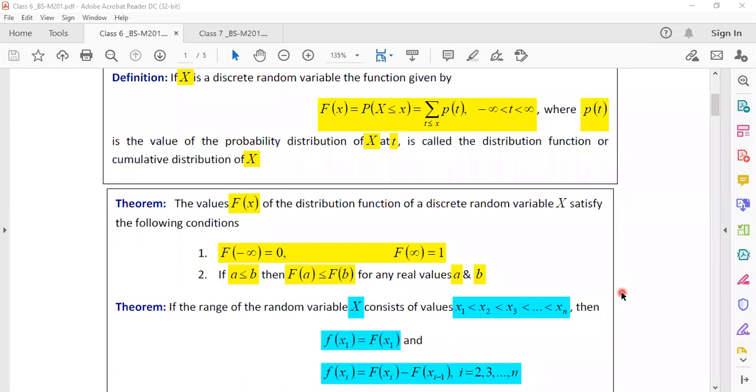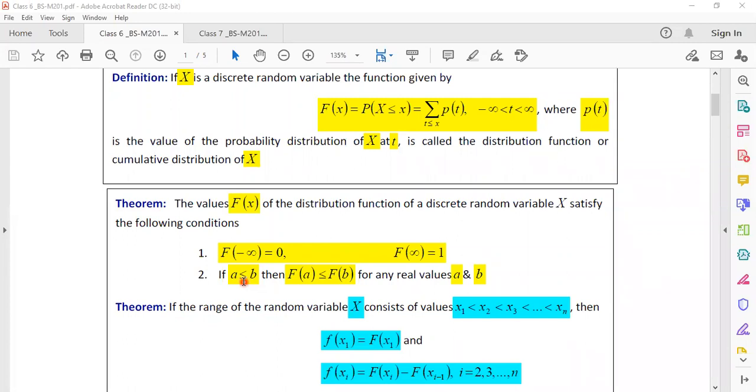And if we consider any two real numbers, small a and small b, such that small a is equal to small b, then the distribution function at the point small a is the same. It is quite obvious that it will be the same as the distribution function at the point small b.